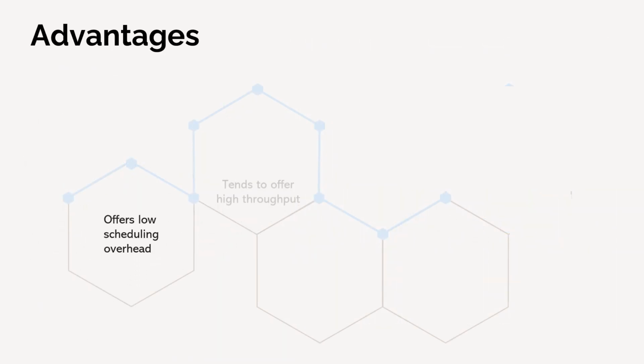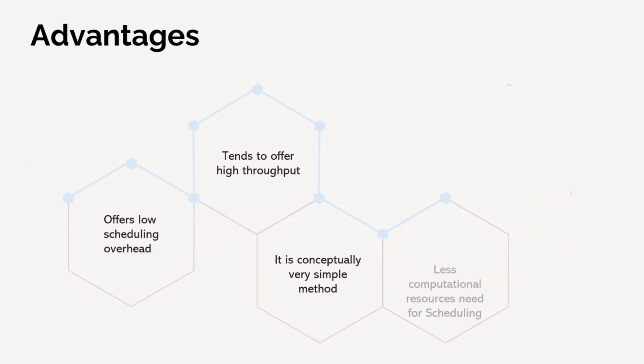So, here are some advantages of non-primitive scheduling. Non-primitive scheduling offers low scheduling overhead. It tends to offer high throughput. It is a conceptually very simple method and less computational resources are needed for scheduling.